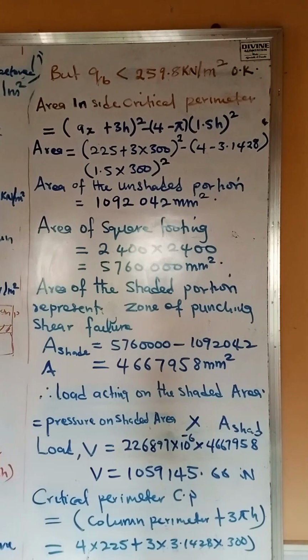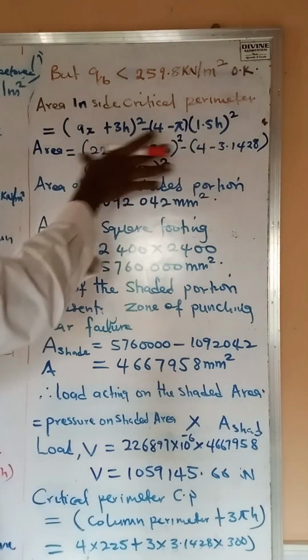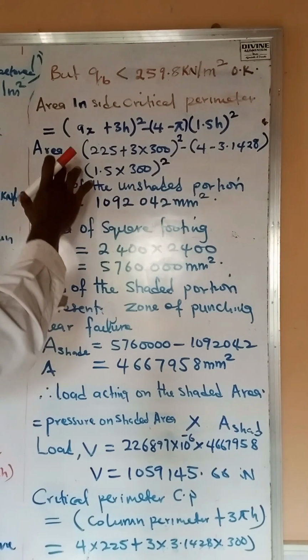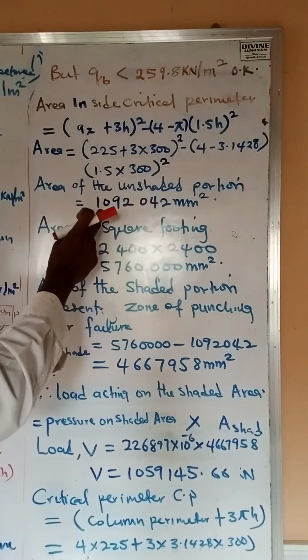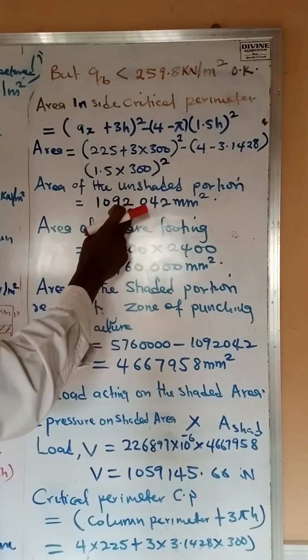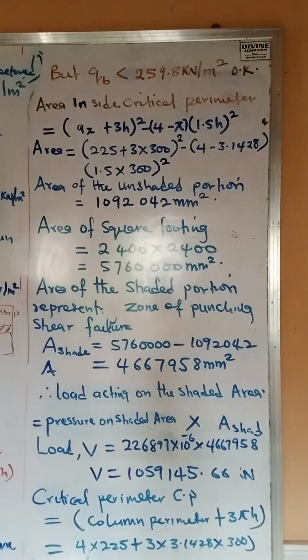Okay, now how do we do that? This is the area of the unshaded region, which is the area within the critical perimeter. So that area becomes the area of the unshaded portion, which is 109,2042 mm square.